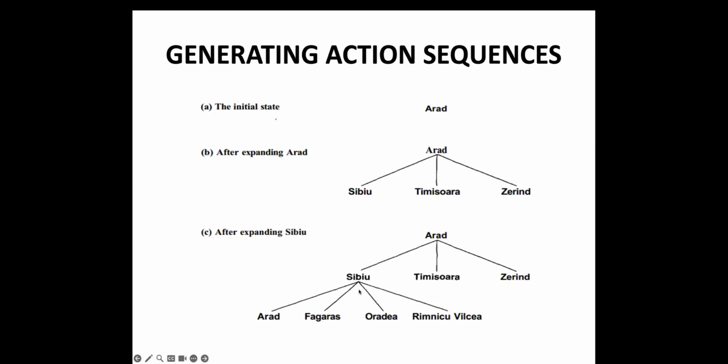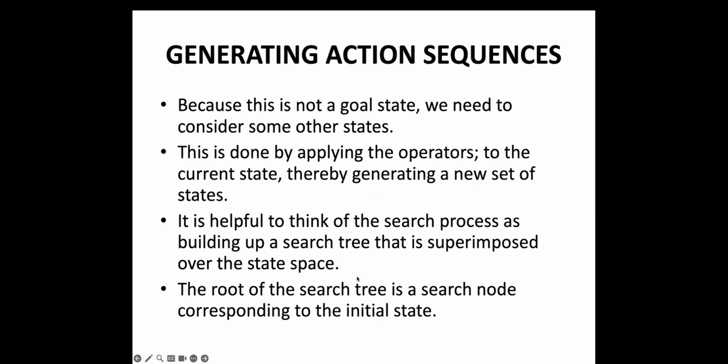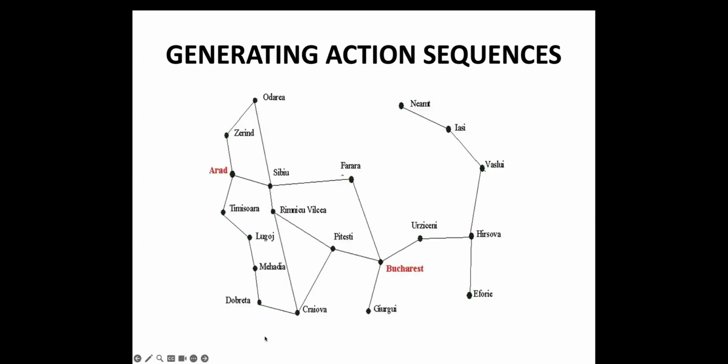Sibiu, when we are in Sibiu, where can we go? So if I can just go back. Here we are saying from Arad, I can reach this town, that town, and that town. Now, if I go to Sibiu, then I can say, okay, from Sibiu, where can I go?